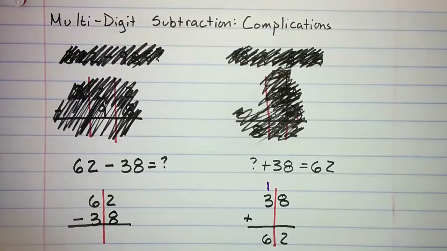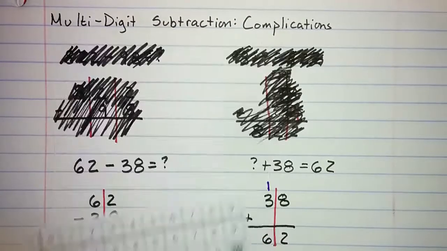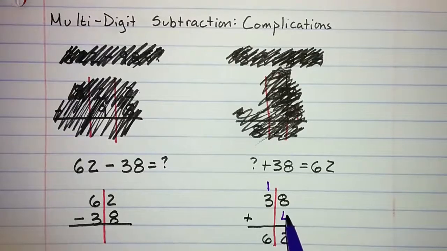We must have carried a 1. Okay, so we want to say 8 plus what is 12? I see 8 plus 4 is 12. So we must have done 8 plus 4 is 12, carry the 1.